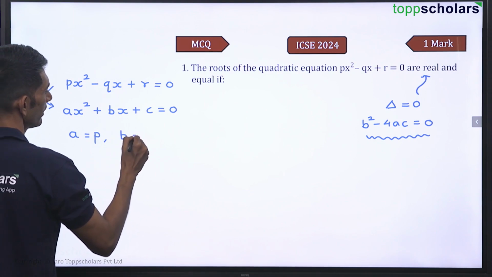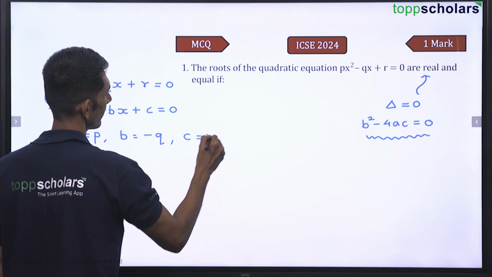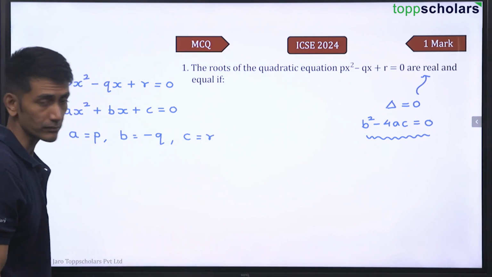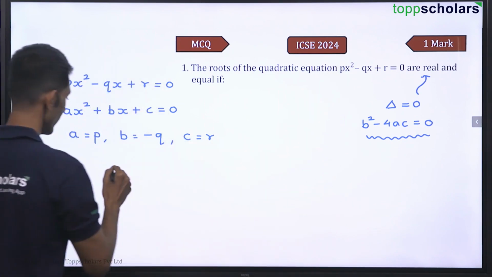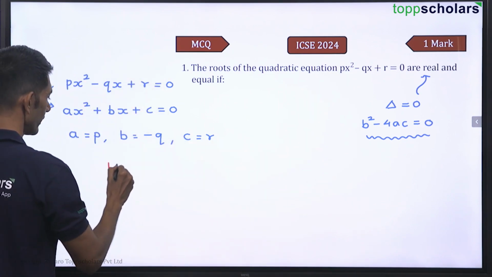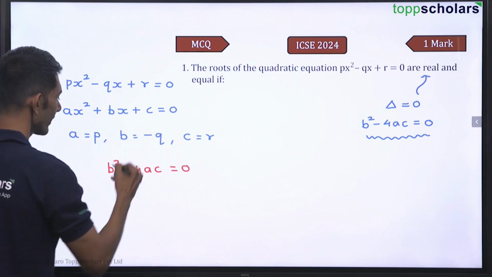Can I say b is equal to minus q? And can I say c is equal to r? So b square minus 4ac is equal to 0. So we know that b square minus 4ac is equal to 0 because the roots are real.